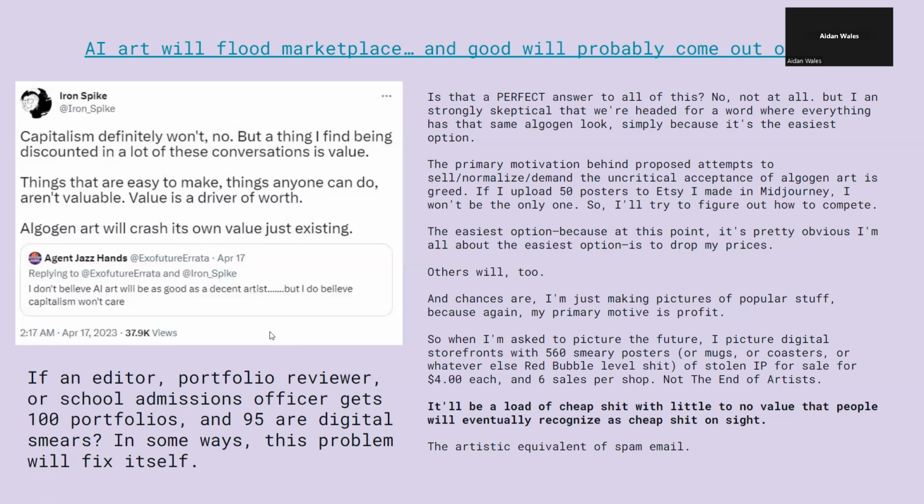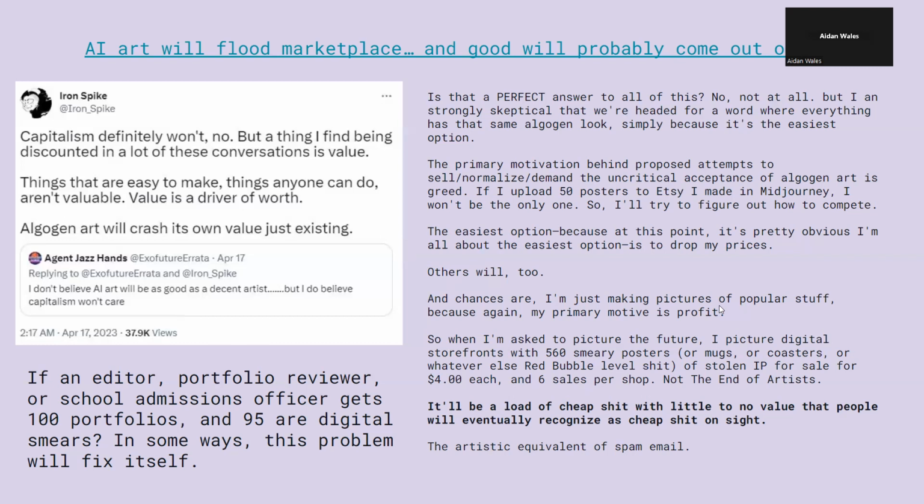Basically, there's a lot of stuff that will look good, but it'll look similar. You can tell right away it's AI art, that it's not created by hand, and that will kind of fix itself. Going down here, this is the entire thread, but it'll be "a load of cheap shit with little to no value that people will eventually recognize as cheap shit on sight."